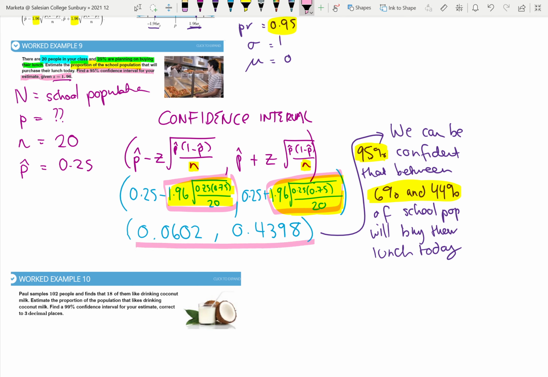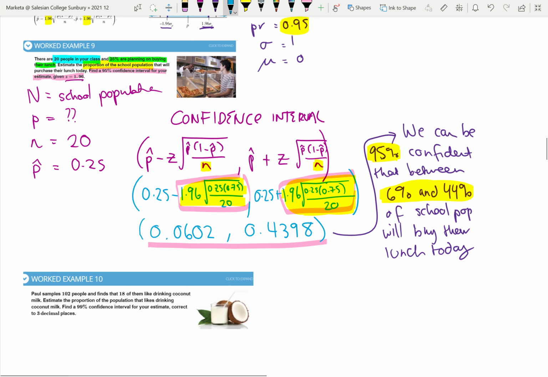So you would be able to say you're 95% confident that between 20 and 30% would buy their lunch, or 25 and 40%, or whatever it might be. In this case, it's a very large interval for 95%, but you might like to try different confidence levels or different n's, so different sample sizes, and see how that affects it.